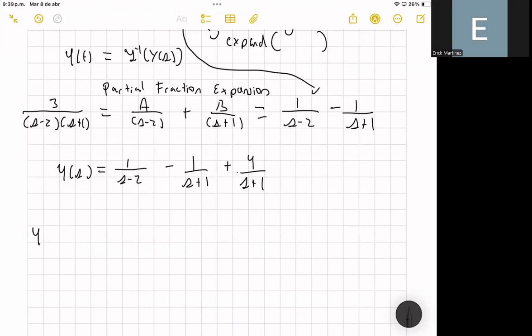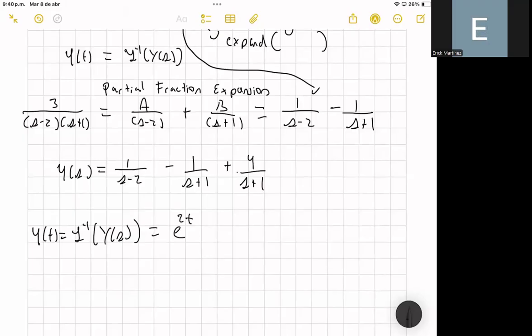So in order to obtain y of t, this is the inverse Laplace transform of y of s. And this will be equal to, well, we can compute directly here. This is basically the Laplace transform of an exponential. So we can compute the inverse Laplace transform as e elevated to 2 times t.